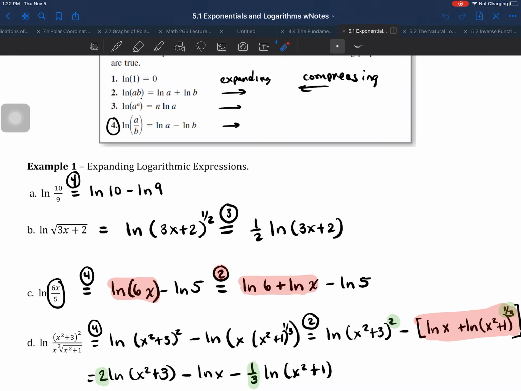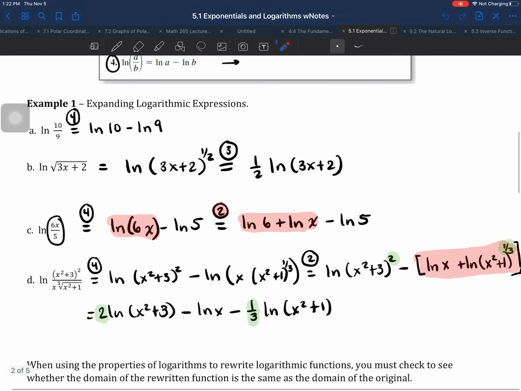Now, it is very, very important that because the minus is applied to this natural log, we must carry the minus and make sure that it is applied to the entire expression. That means that we must put some brackets to represent that concept.